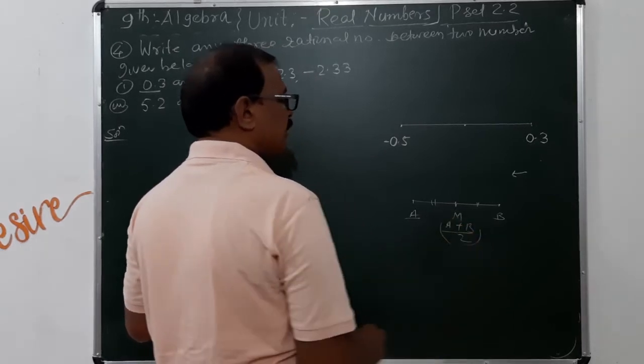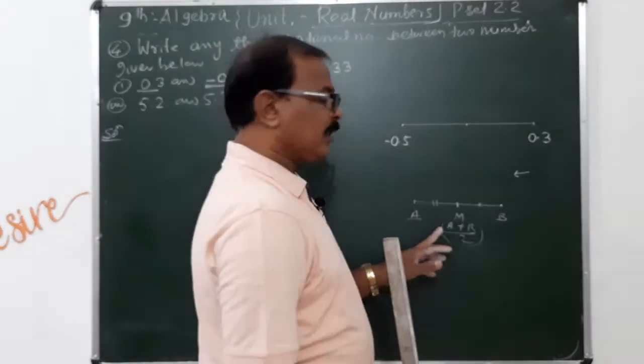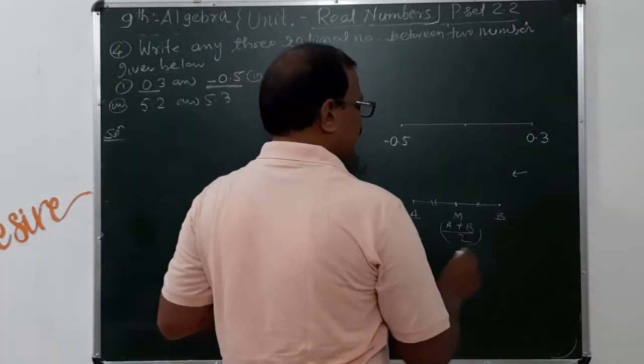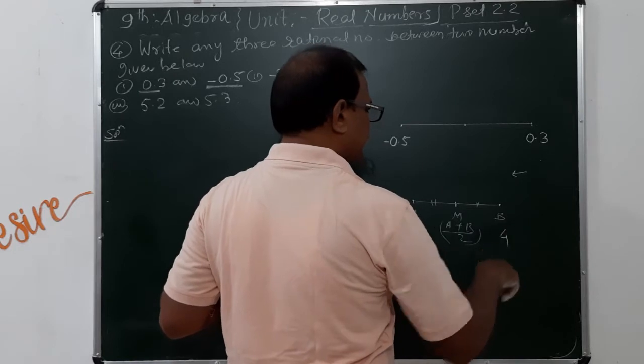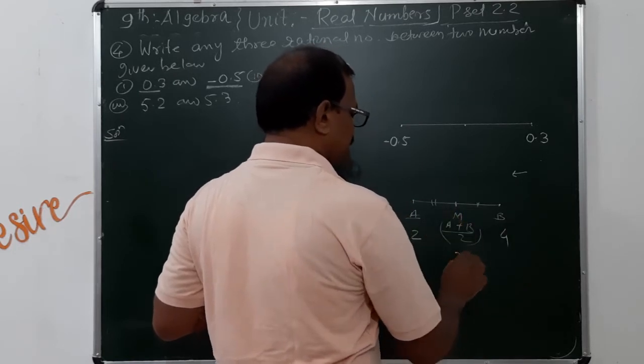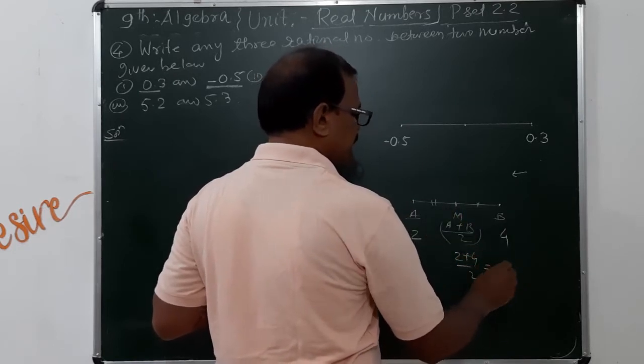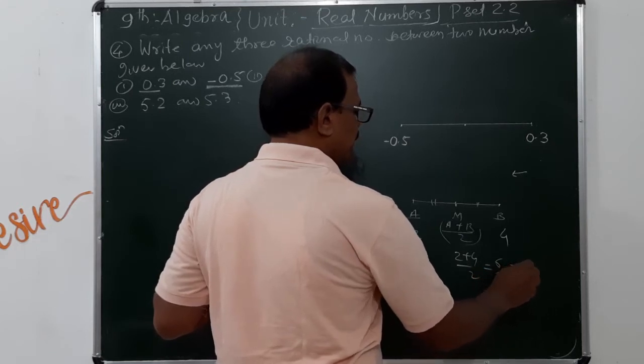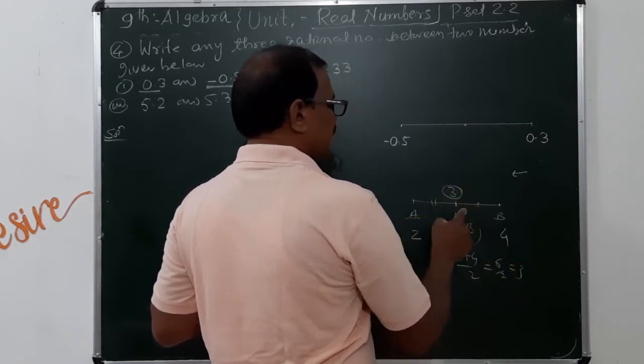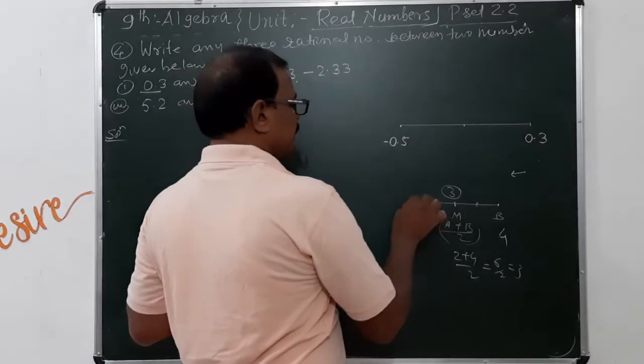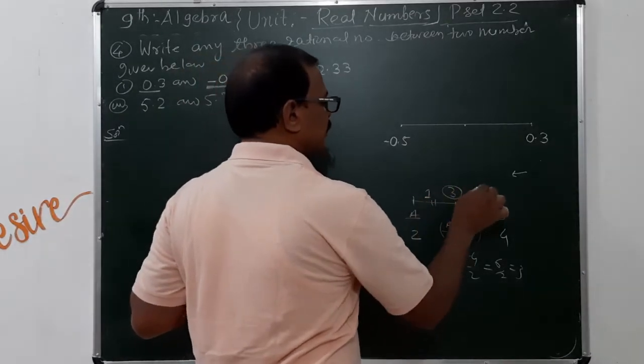This is exactly in the middle. Suppose this is 2 and this is 4, then this must be 2 plus 4 is 6, divided by 2 is equal to 3. This must be the point 3 here. So it must be equidistant from both ends.